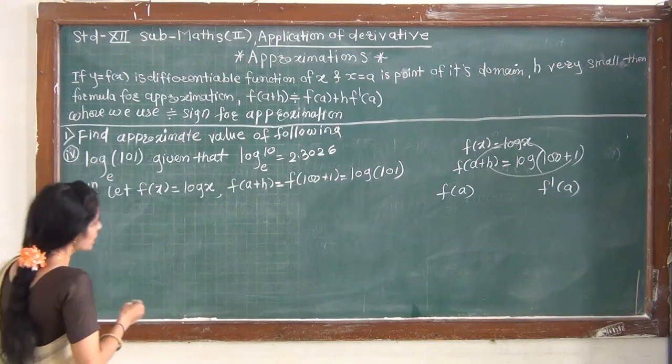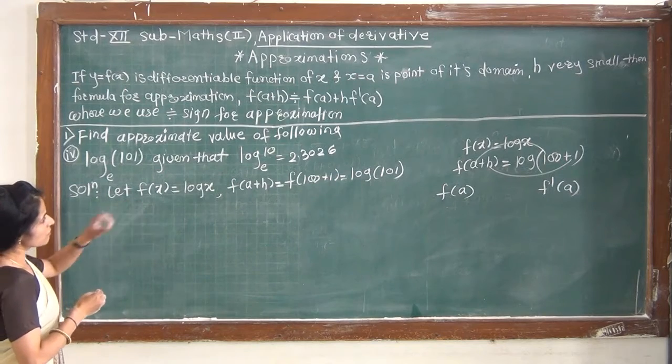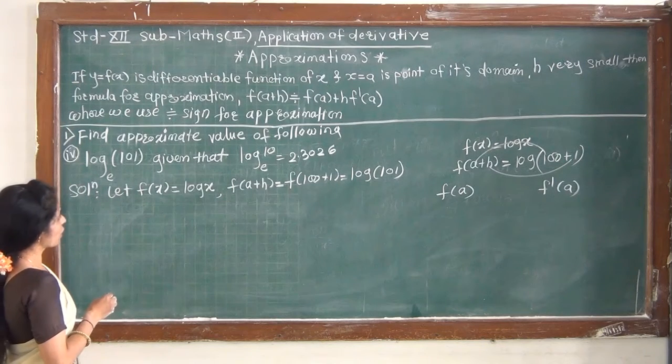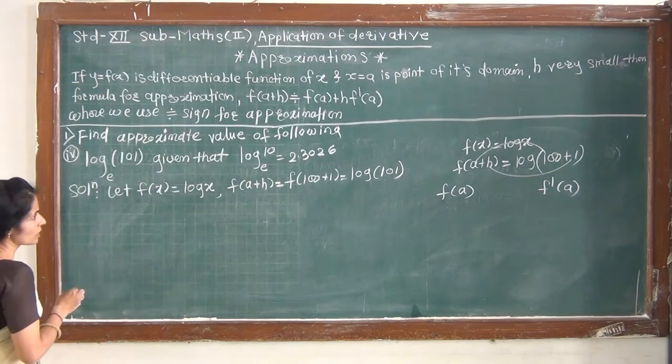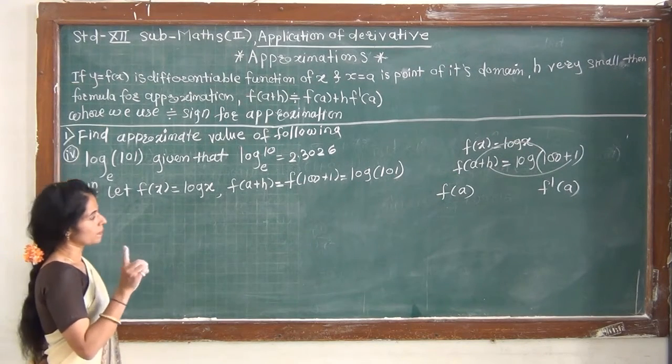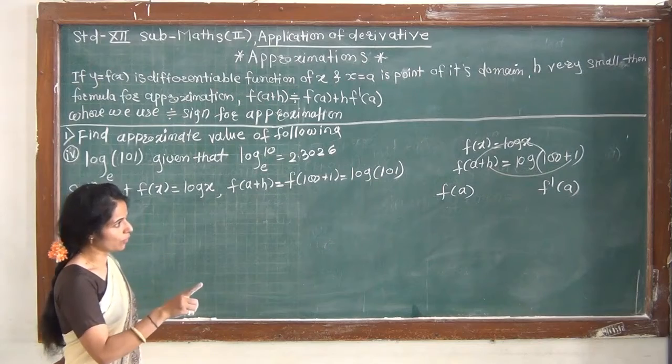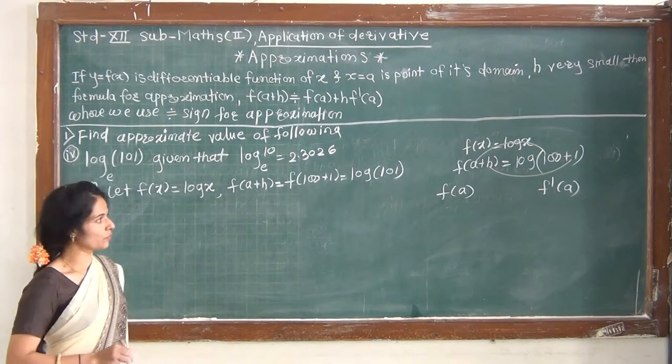So we replace these values in our formula. So what is our formula? As we know, our formula is f of a plus h is approximately equal to f of a plus h into f dash of a.